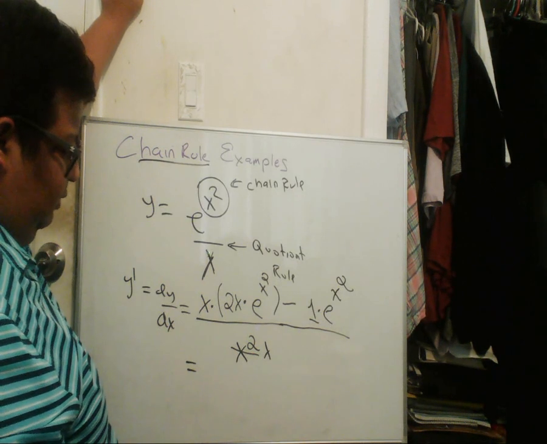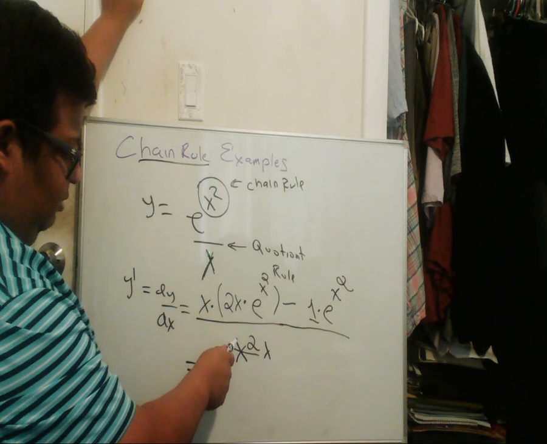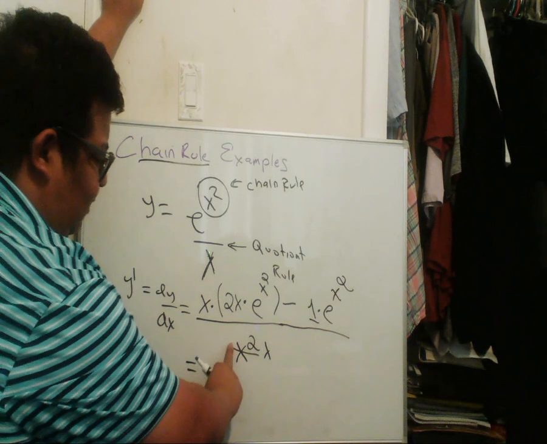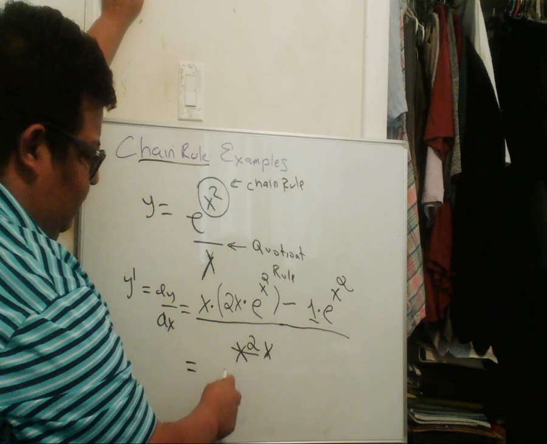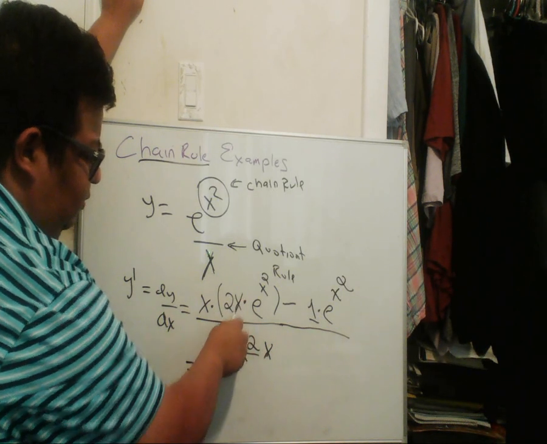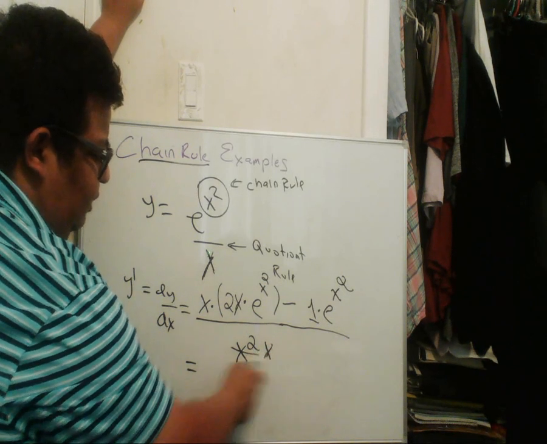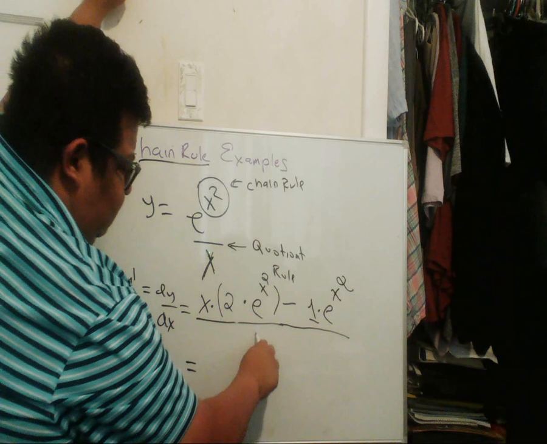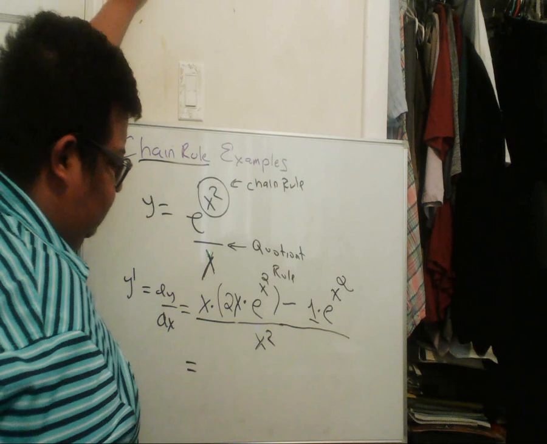I'm not going to make it too complicated for you. Let's make it easy. Let's leave the x squared, and leave the 2x here. One way to do it is as follows.